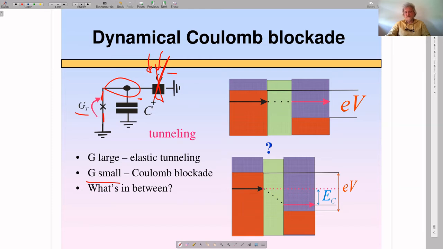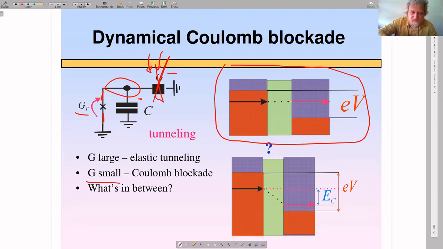All right, let me remind you why. Let me consider energy diagrams of this tunneling. So, large conductance. Here there are filled states, and one of the electrons can tunnel to another.